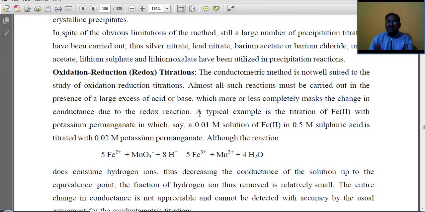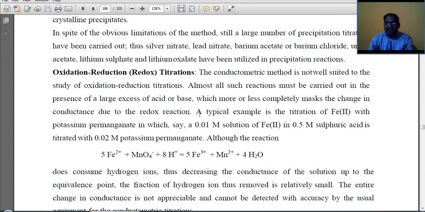A typical example is the titration of Fe2+ with potassium permanganate, in which a 0.01 molar solution of Fe2+ in 0.5 molar sulfuric acid is titrated with 0.02 molar potassium permanganate.